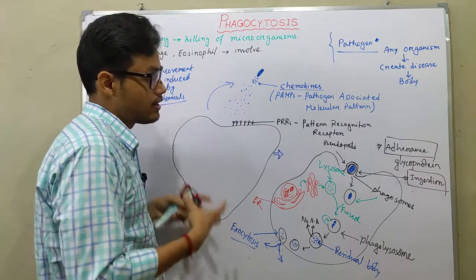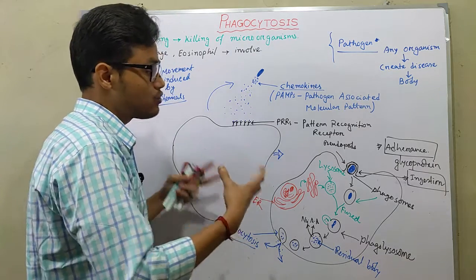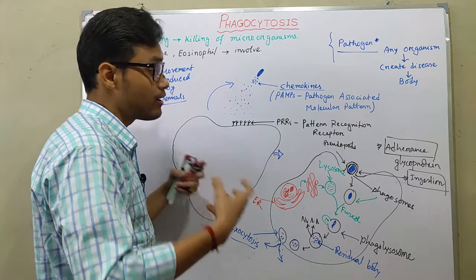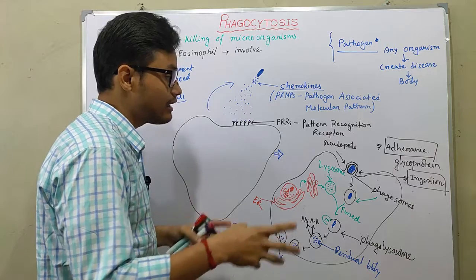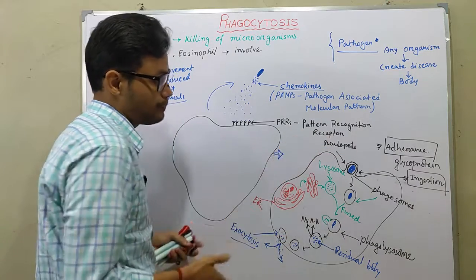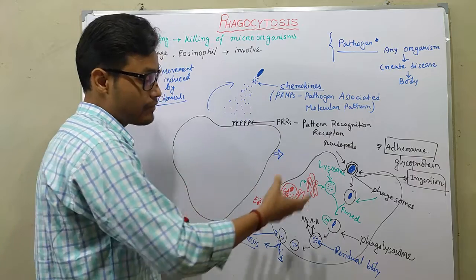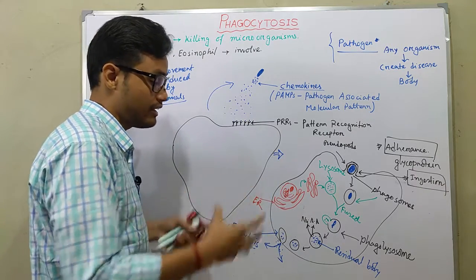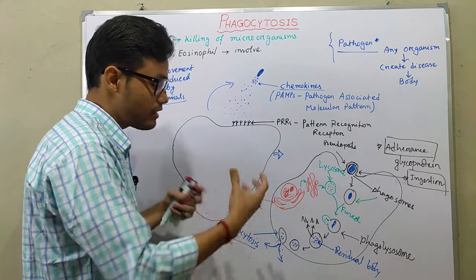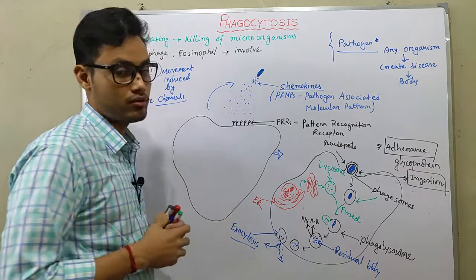In this case, clathrin proteins contribute a special function, that is the formation of a pseudopodia along with actin and myosin, and internalize the pathogen, and after that phagosome and lysosome are fused, and now the phagolysosome is produced, and the phagolysosome digests the whole thing and makes a residual body, and the residual body comes out from the cell by the process of exocytosis.